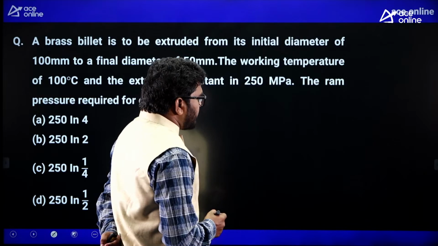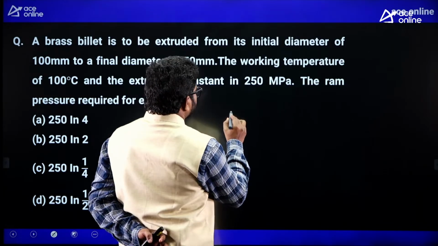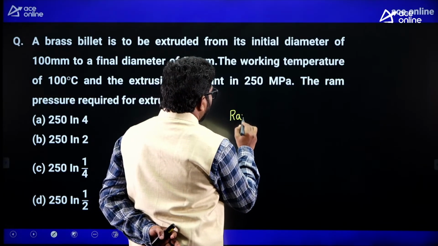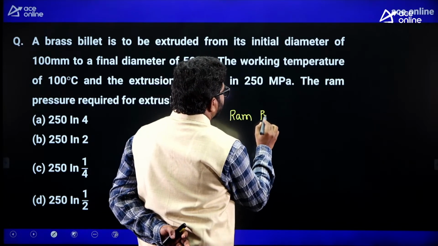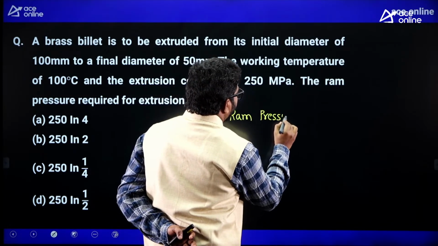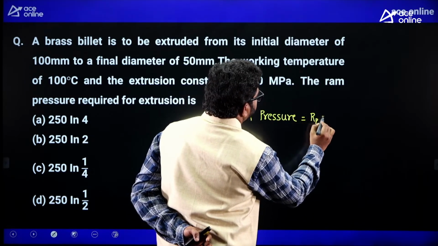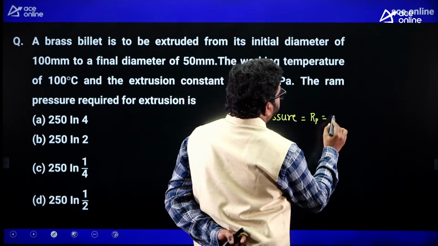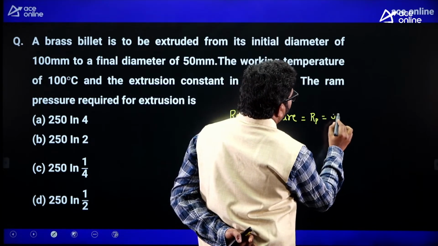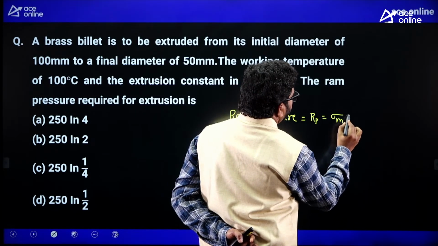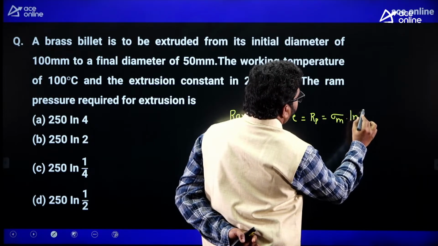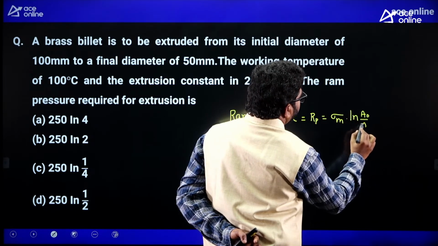For an ideal extrusion process, ram pressure is equal to mean flow strength of the material, sigma m, times ln A naught by A1.